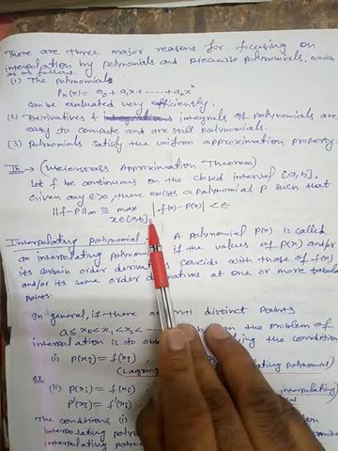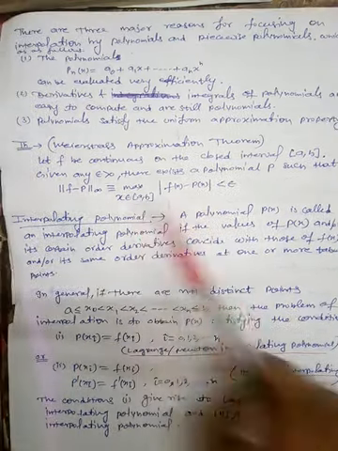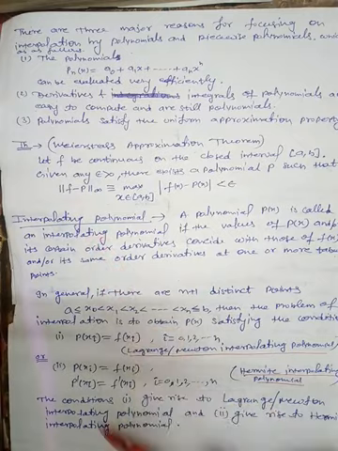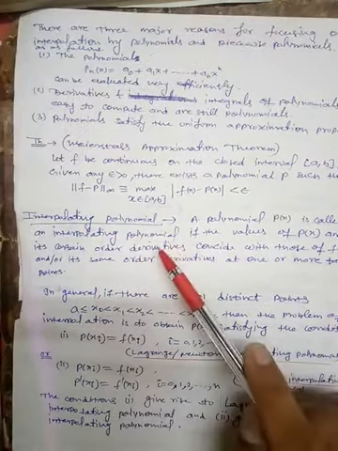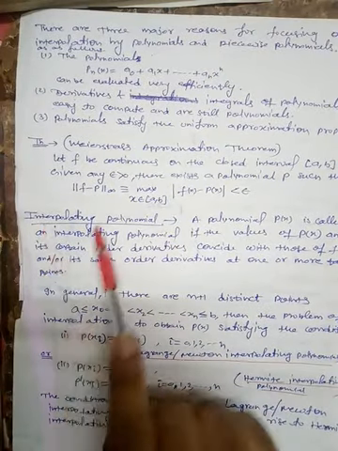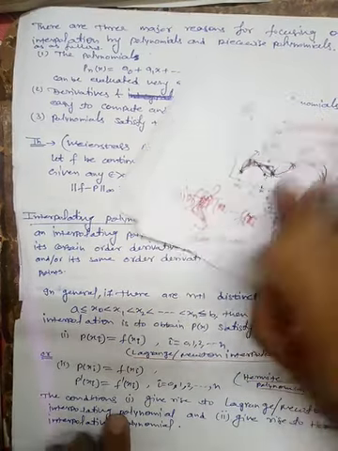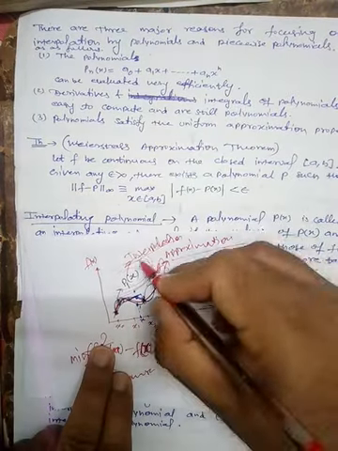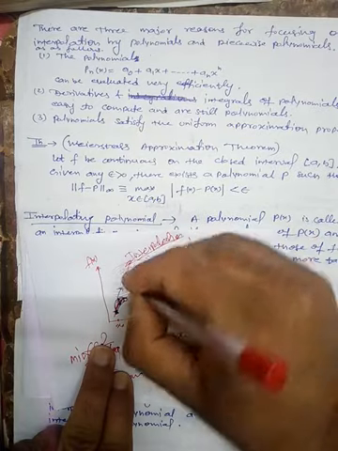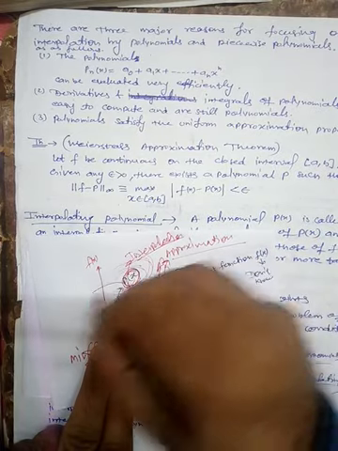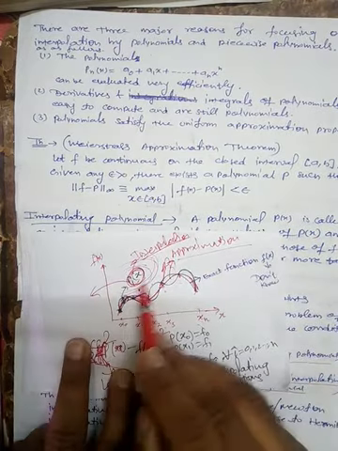Now here we are discussing interpolation polynomials, so let us start with the interpolating polynomial. The first definition is interpolating polynomial. The method is interpolation, but this p(x) is known as the interpolating polynomial.